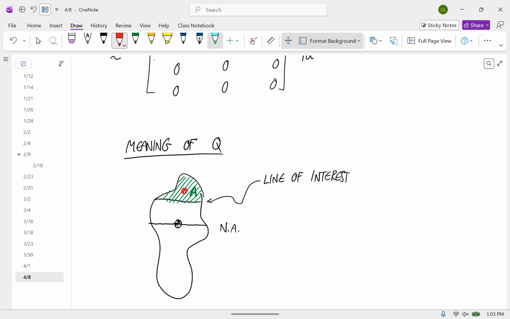Then there's a distance from the neutral axis to the centroid of that area, and I'm going to call that D. Q is equal to that area times that distance D. Remember that D is an absolute value, so even if you're going below the neutral axis, it's still positive.